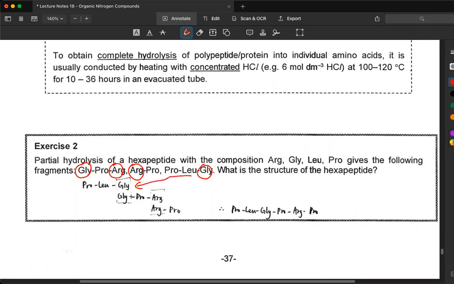And then this one links to this one. So this is the fragment. Then this one, this one. So it will be Pro, Leu, Gln, Pro. So you just play around with the fragments.